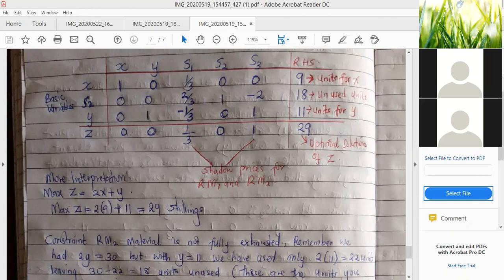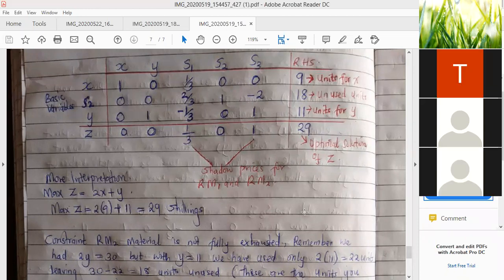Any challenge? No. Anyone with an issue you'd want me to clarify? Is there anyone who has not understood my presentation for today? Musiri, you're okay?